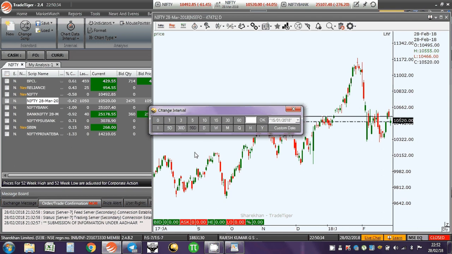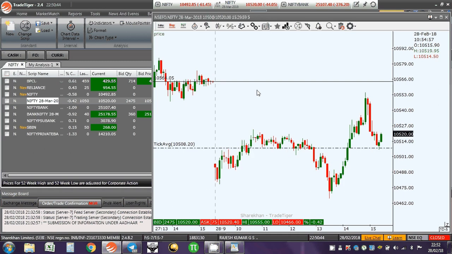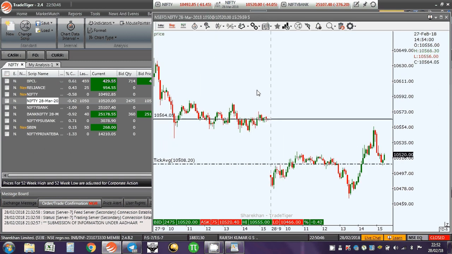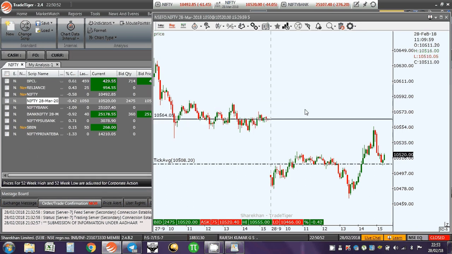First we'll go for intraday chart, wherein I normally use 5-day chart, 5-minute chart, sorry. So this is the 5-minute chart of Nifty future. Okay, and I'll use 5-day data, so I get all these things.